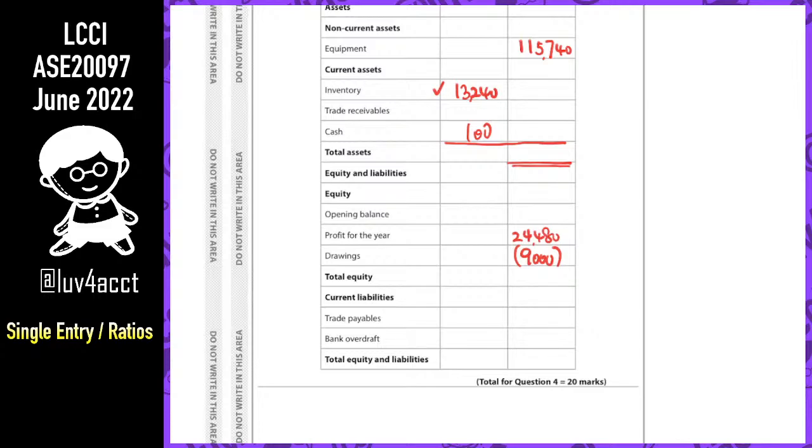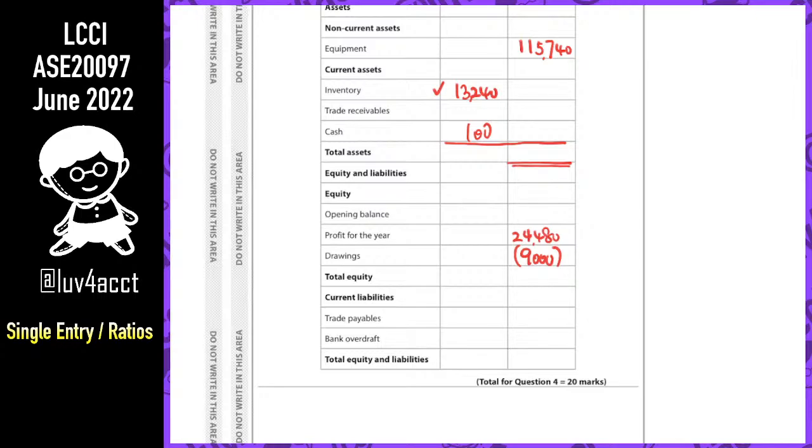We have the total credit sales and credit purchases. And then we also have the total receipts and payments, receipts from trade receivables, payments to trade payables. These three components help us to find the closing balance. It is the same for receivables and payables in this case.